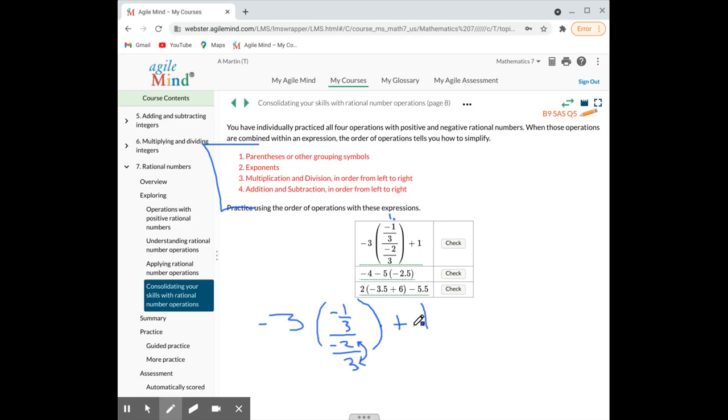So we're going to rewrite this as negative 3 times negative 1/3 times, what's the reciprocal of negative 2/3, class? 3/2. Great, and that's a negative.